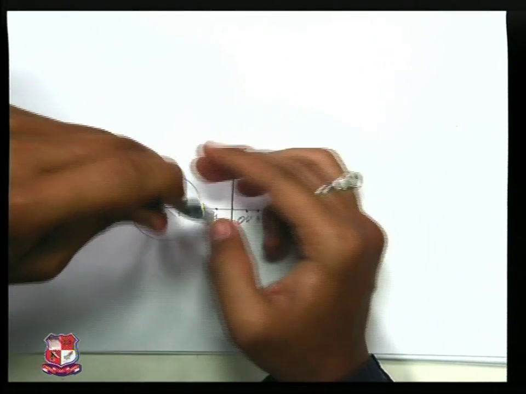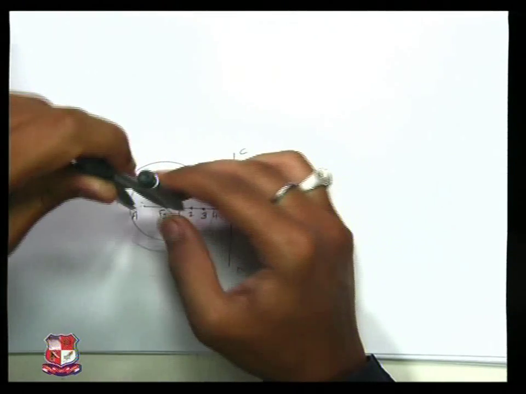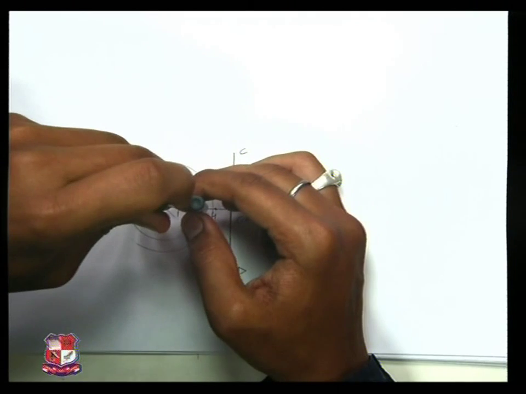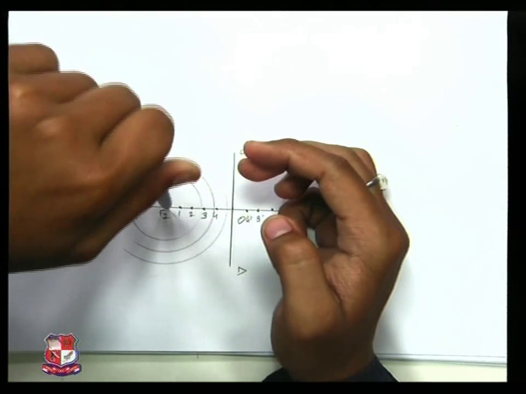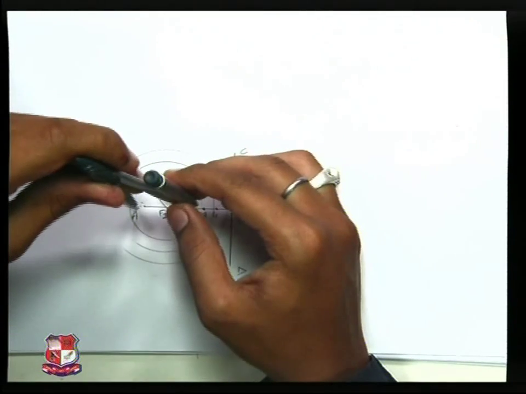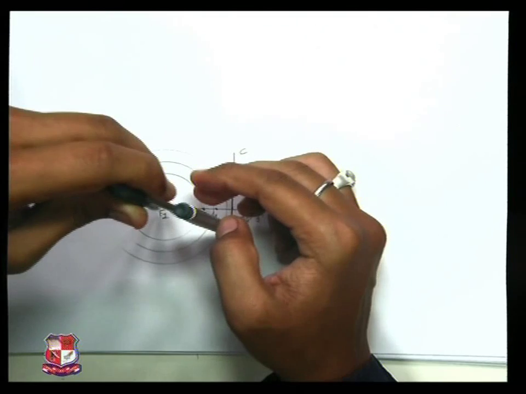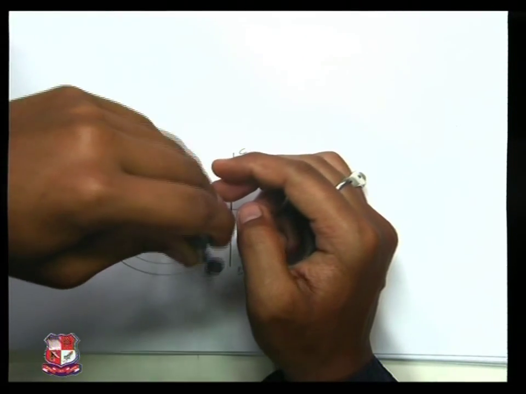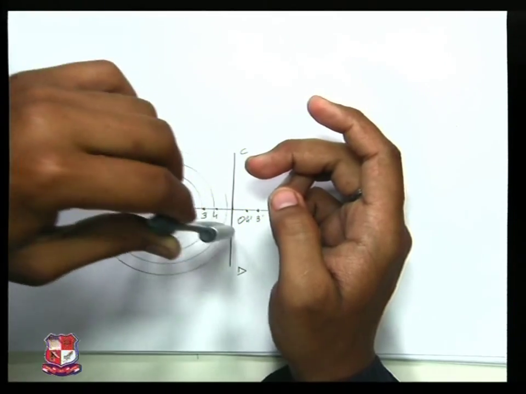A2, draw an arc. A3, F1 as center, draw an arc. A4, F1 as center, draw an arc.